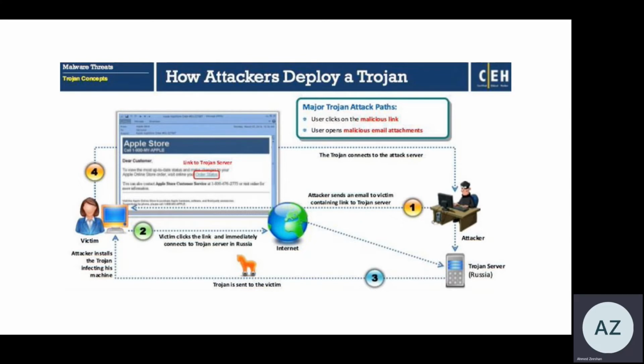It goes over the internet to the Trojan server, and then that Trojan is sent to the victim. Okay, so sometimes if you do not send an exe file containing the Trojan, you can always send a link to the victim. When the victim clicks on that link, it can connect to the server and download that file. Okay.